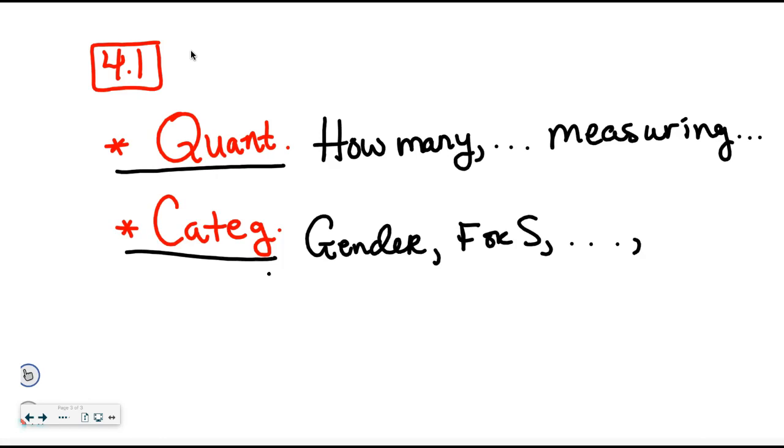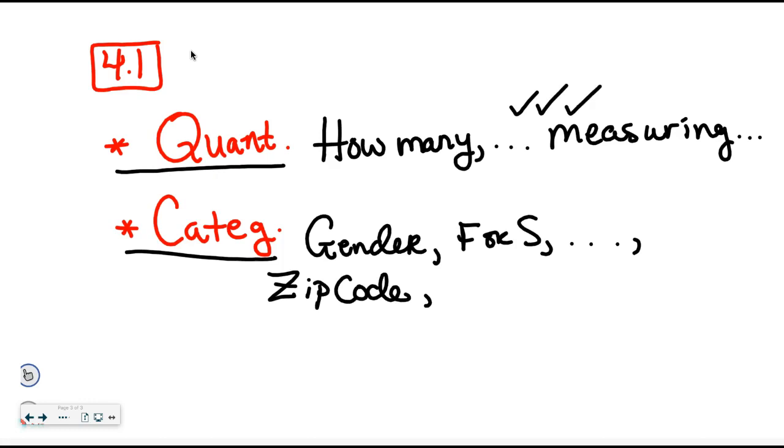Those are things like, what's your zip code? Because that's not measuring anything, right? It's nothing that you would average and find an average zip code, but you could find an average height, an average weight, an average number of texts.